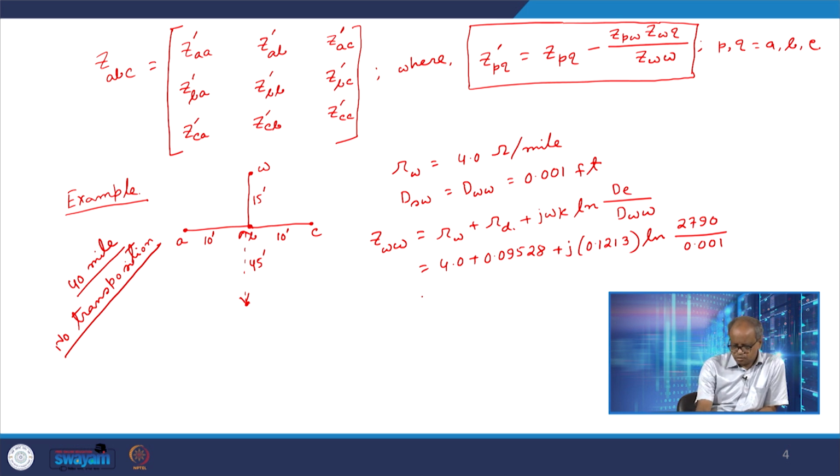So it comes out to be 4.09528 plus j 1.8 omega per mile, right?